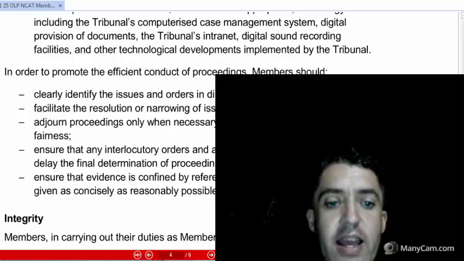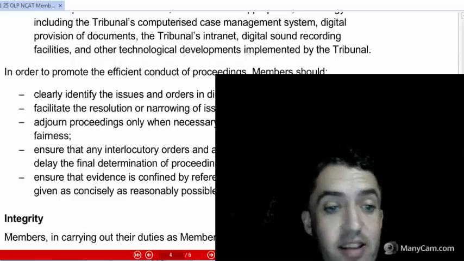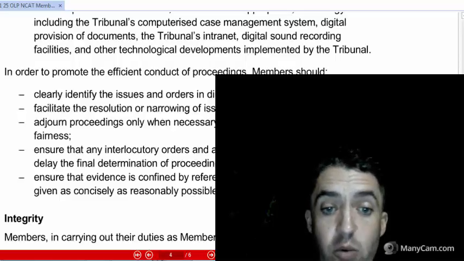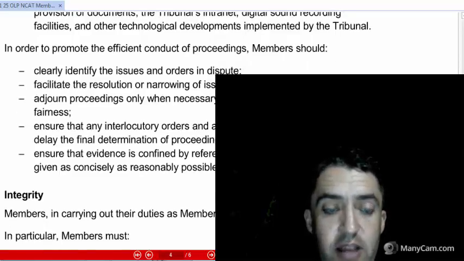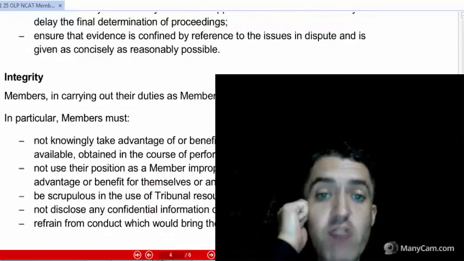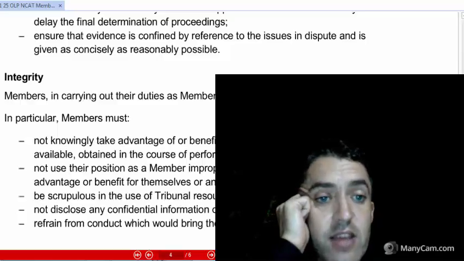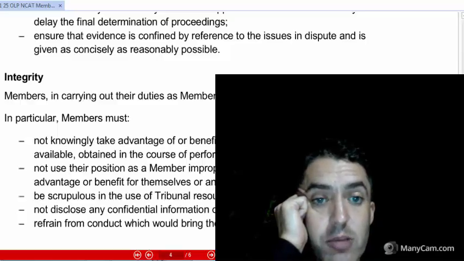Ensure that any interlocutory orders and applications do not unnecessarily delay the final determination of proceedings. Ensure that evidence is confined by reference to the issues in dispute, and is given as concisely as reasonably possible.